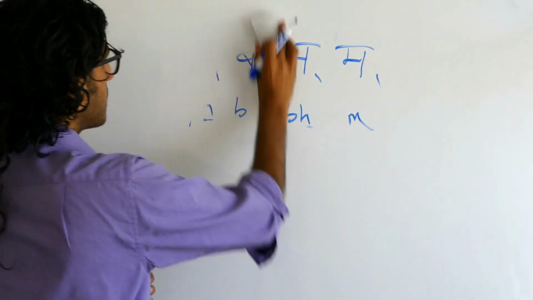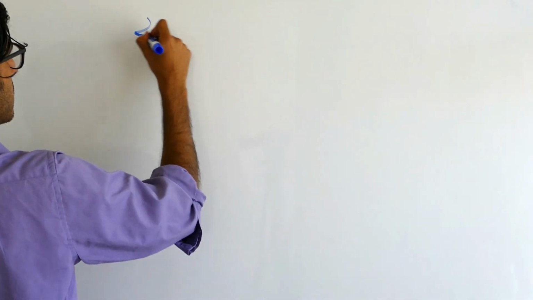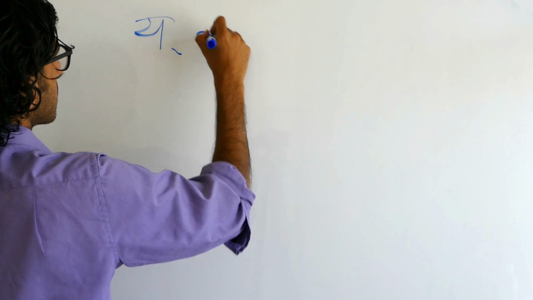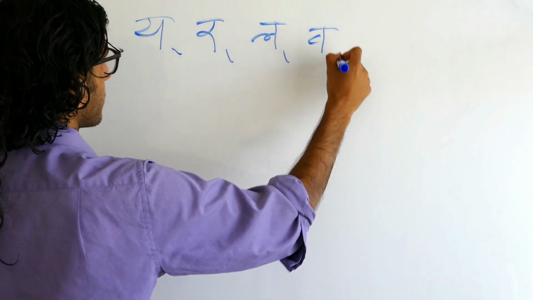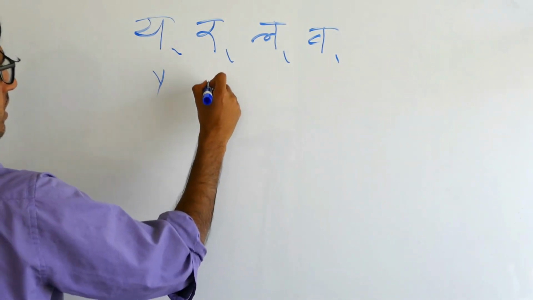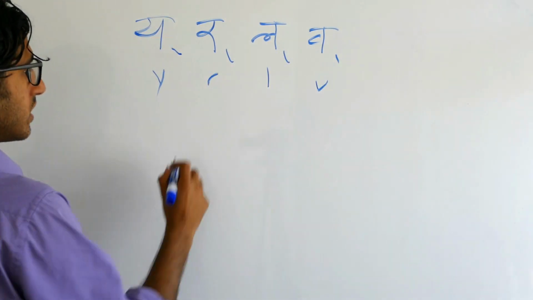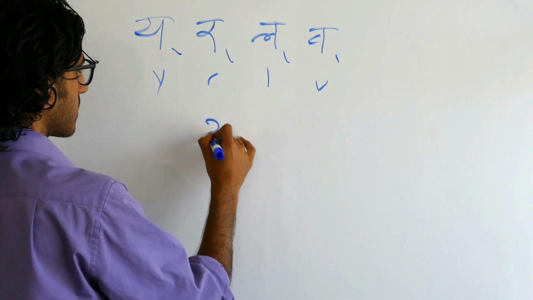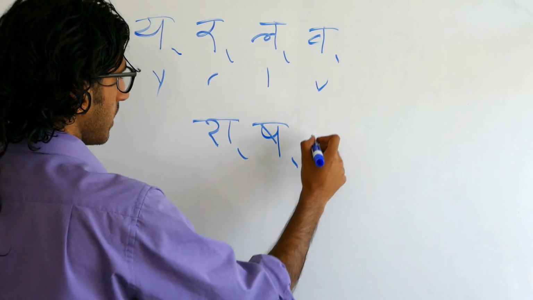And now these semi-vowels, sibilants. Semi-vowels, we have ya, ra, la, va, right? So ya, ra, la, va. Now the sibilants, sha, sha, and sa.